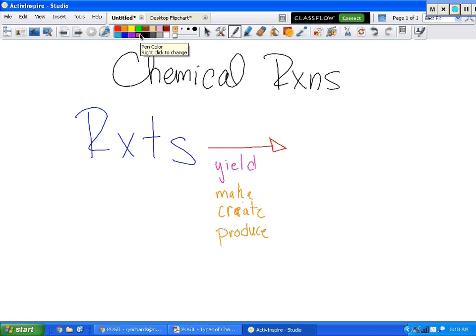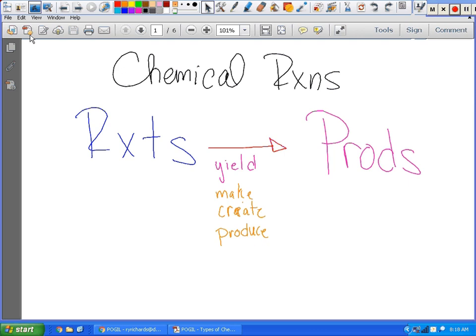Products. Or prods. Okay. So we've got to find what's happening on one side, and then when those things react, what happens on the other side. So what is essentially the outcome of the chemical reaction?